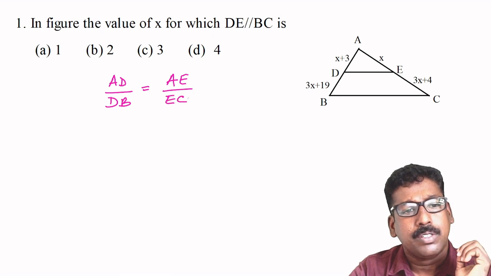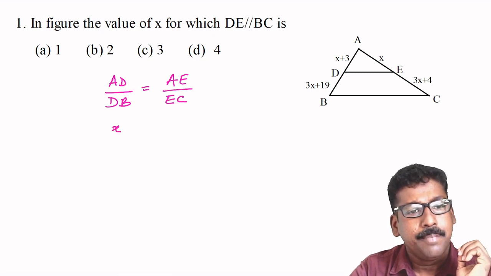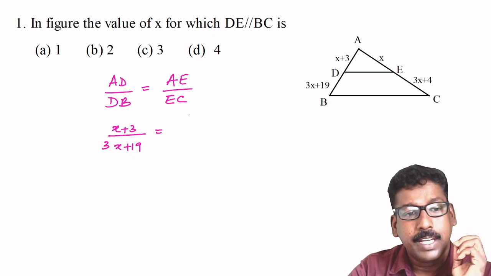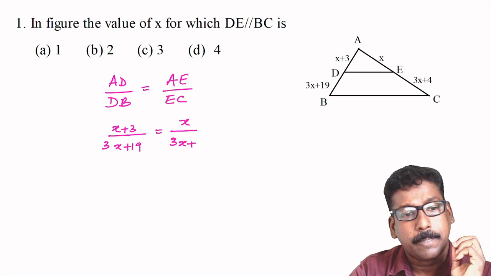Now substitute. AD is x plus 3. So it is x plus 3 by 3x plus 19 is equal to x by 3x plus 4.